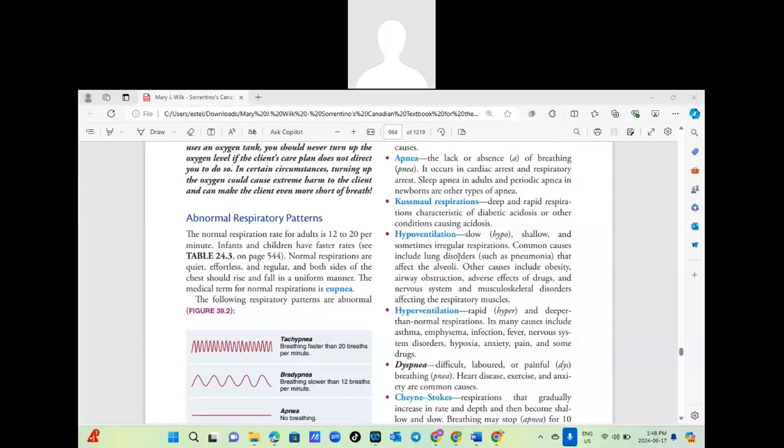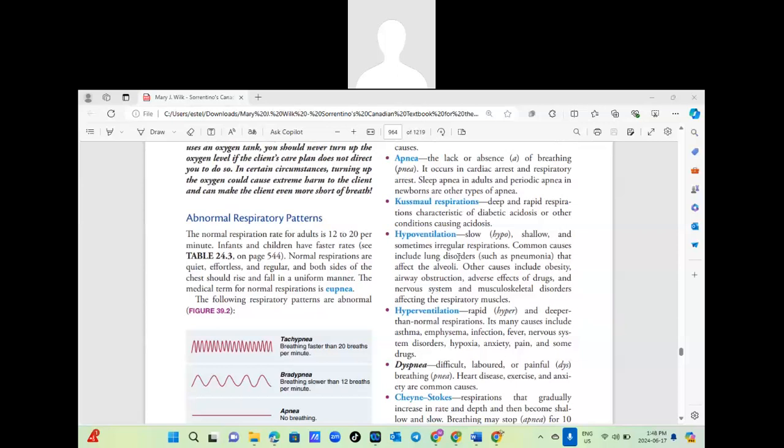And next we have hyperventilation, where hyper means rapid and deeper than normal respirations. Its many causes include asthma. When you have asthma, that is hyperventilation. Emphysema is another chronic disease of the lungs.